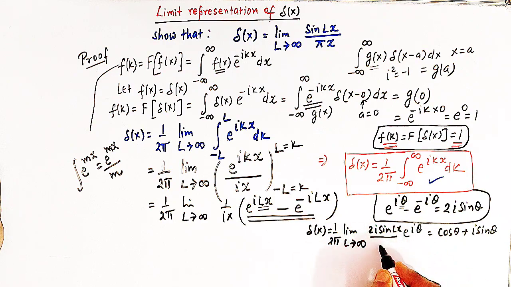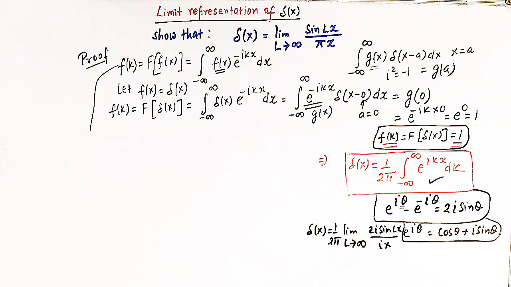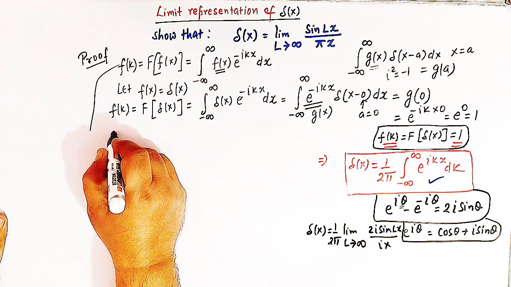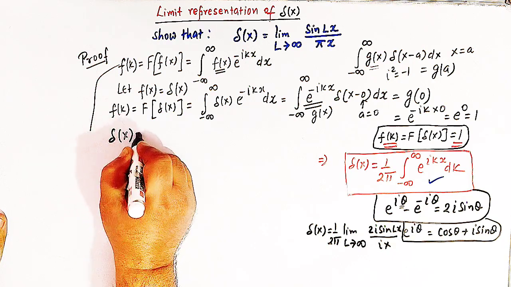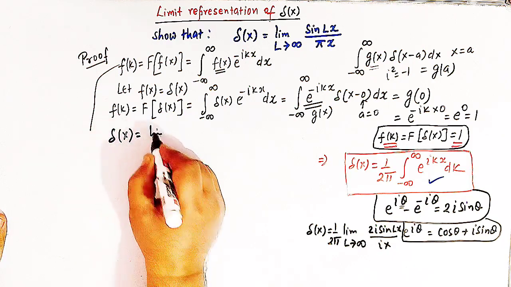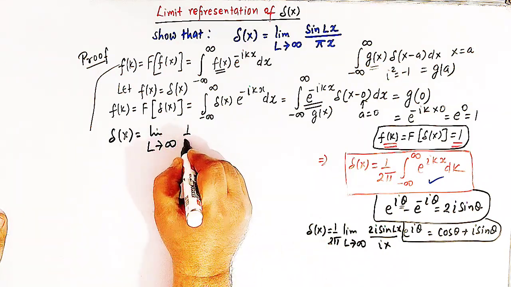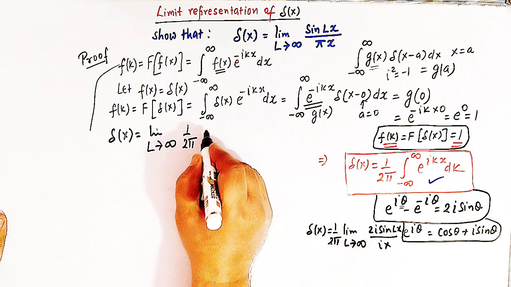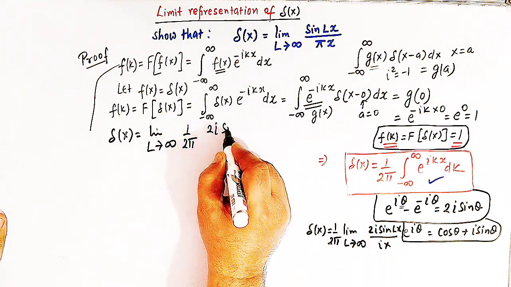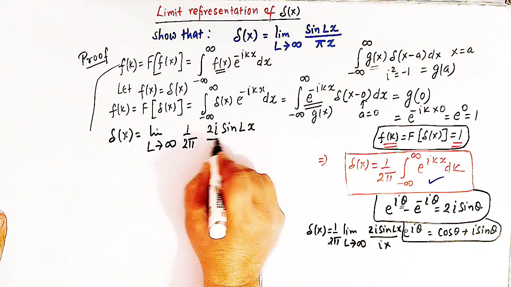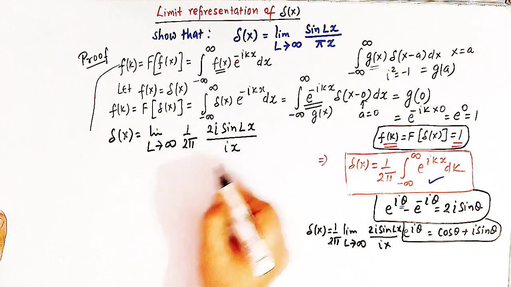And in the denominator, we have i times x. So we can write delta x as limit L tends to infinity of 1 over 2 pi times 2i sine Lx divided by ix, right?